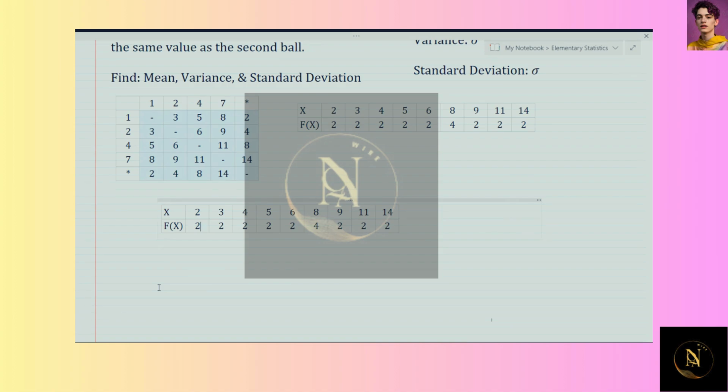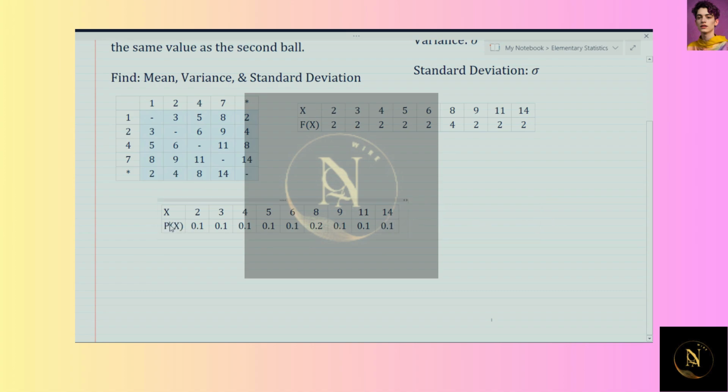That's going to be 2 over 20, which is 0.1. That means all of these are going to be 0.1, not 0.2. And our 8 here is actually going to be 0.2 instead of 0.1, since it shows up twice as often as the others. And now we have a probability distribution that we can work with.